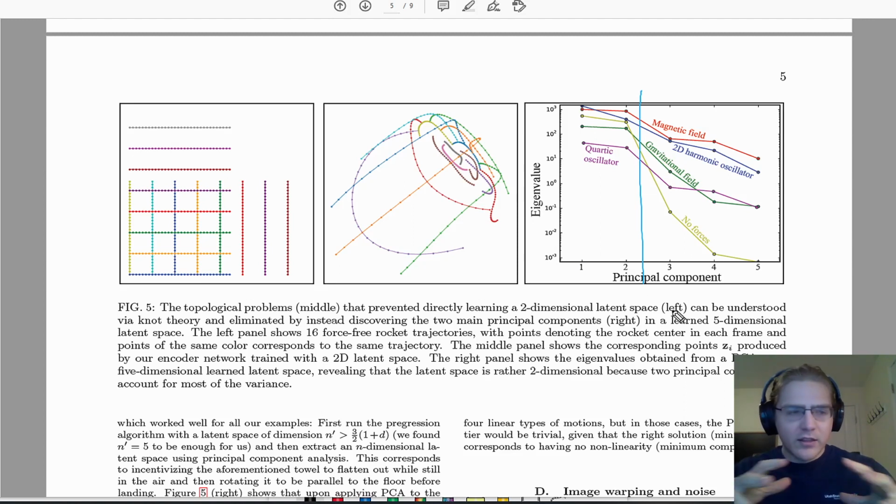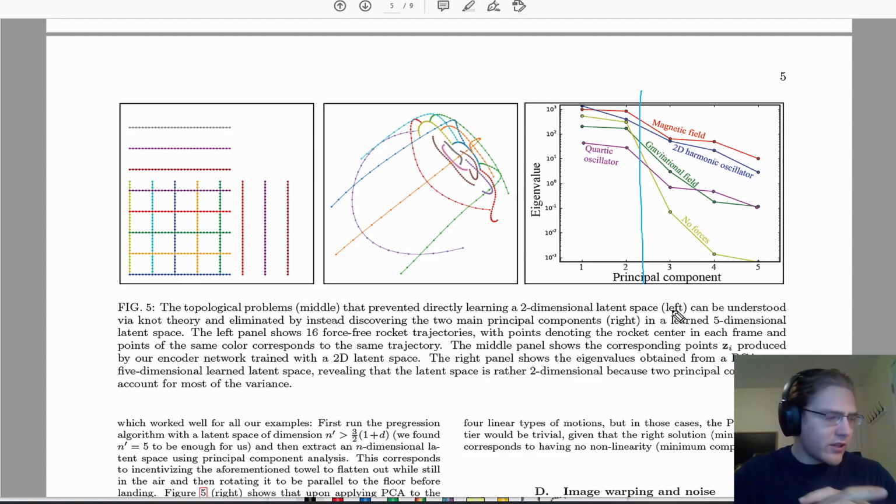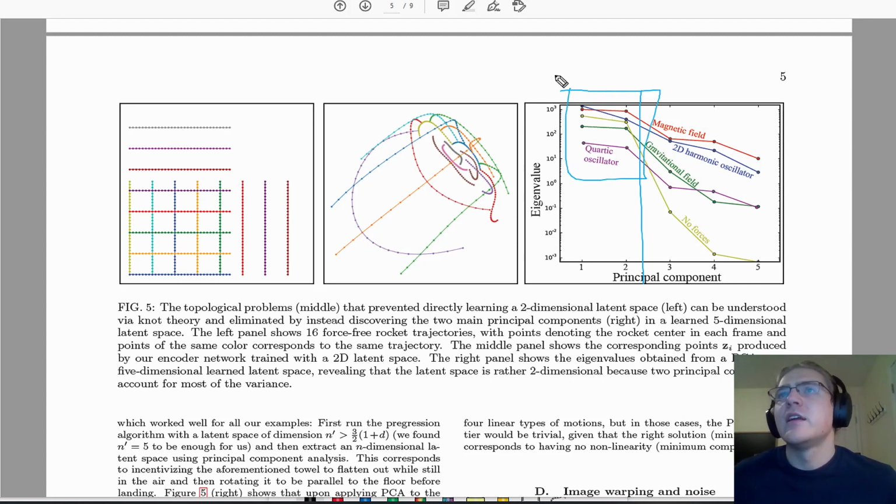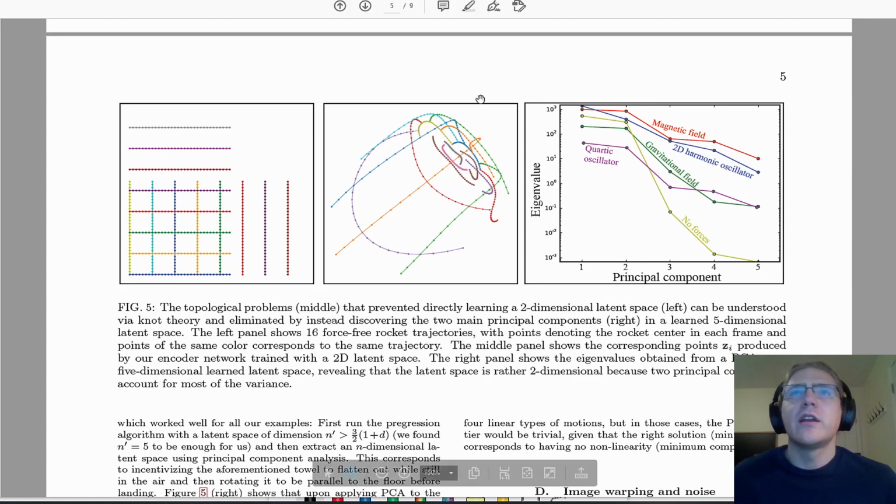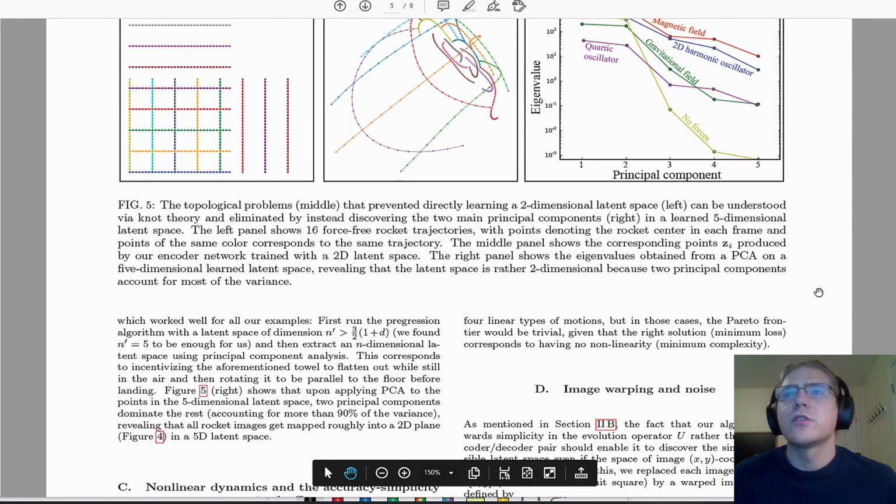Then we look at this 5-dimensional thing and slice it where we have the 2 interesting dimensions. Then they go ahead and look at that. That's a really interesting, very clever way of getting around that topological problem.